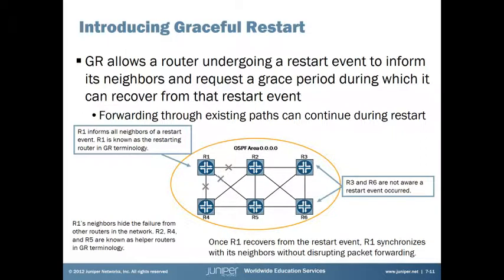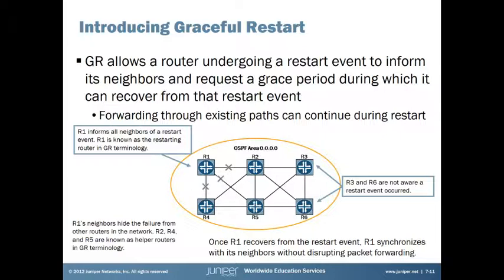Okay, so graceful restart allows a router undergoing a restart event to inform its neighbors and request a grace period during which it can recover from that restart event. So forwarding through the existing path can continue during the restart. Okay, so here's a question.